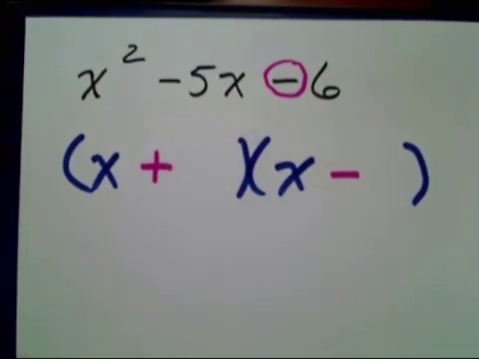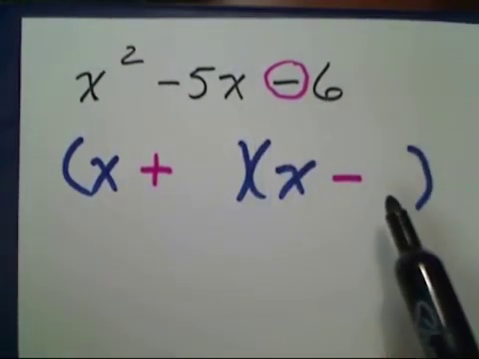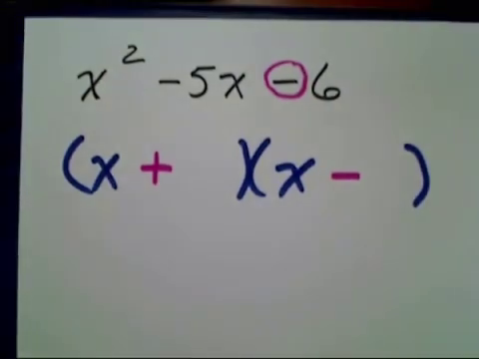Two numbers that multiply to negative 6, but subtract to give me my negative 5. Well, if I use 2 and 3, one of those would be negative and one of them would be positive. That would either give me a 1x or a negative 1x. That's not negative 5.